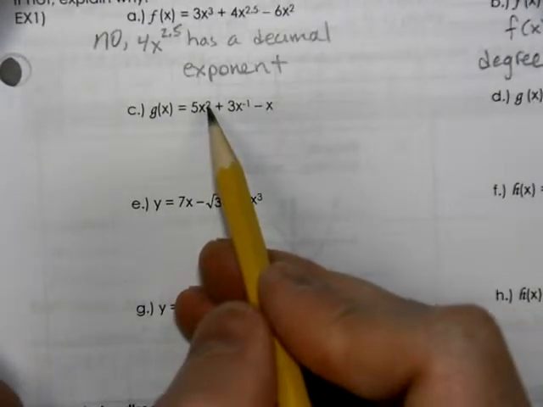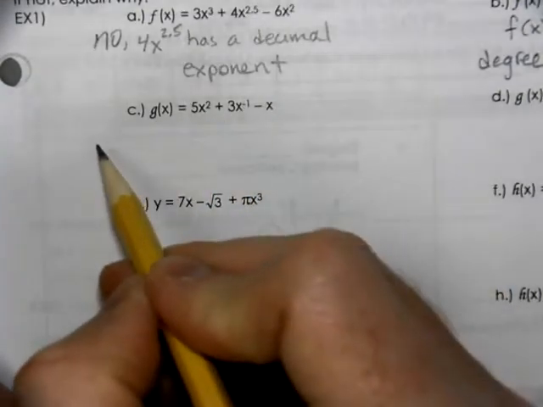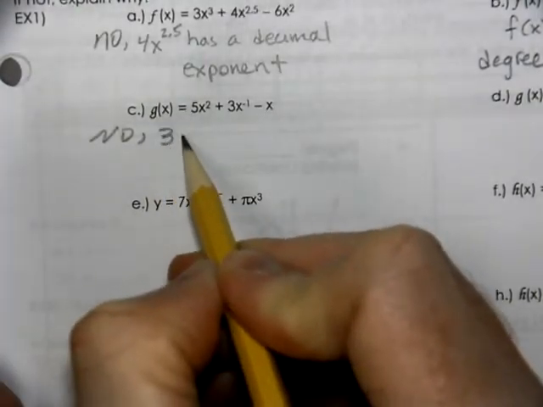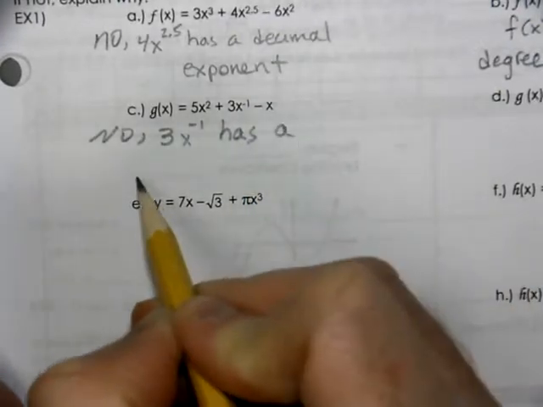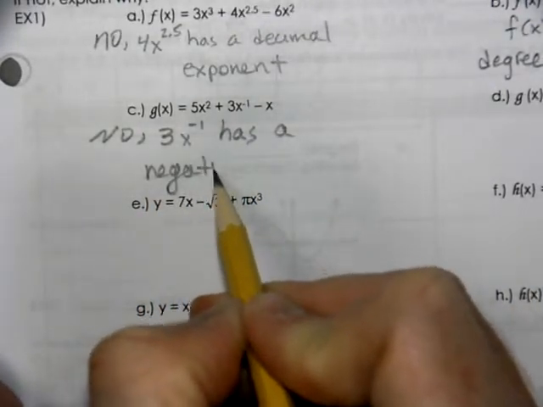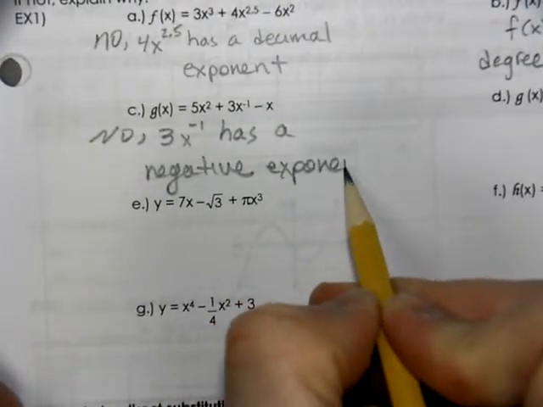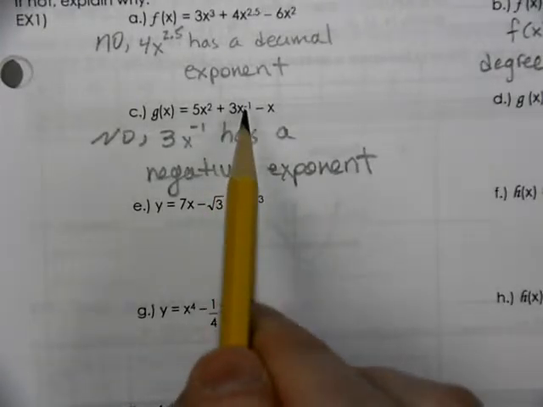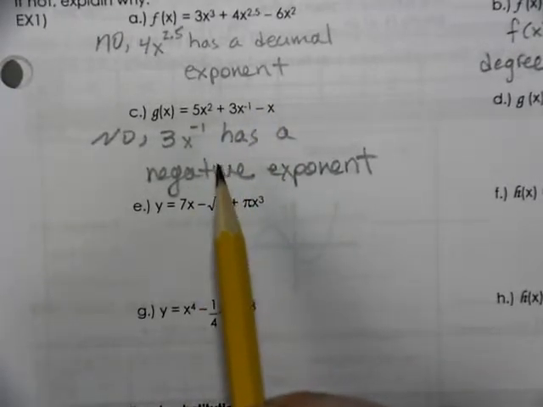So we look at our exponents. We notice here that we have a negative exponent. So no, this is not a polynomial. The negative exponent implies that the x would be in the denominator. So there's a limitation to what x could be.